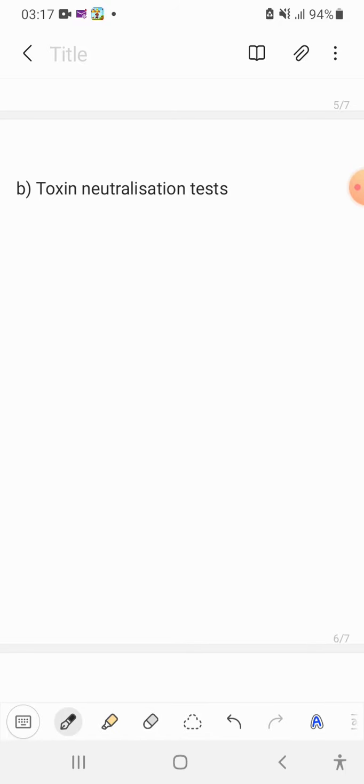I can isolate the toxin, then put it in a tube.